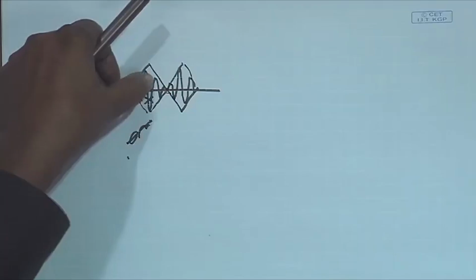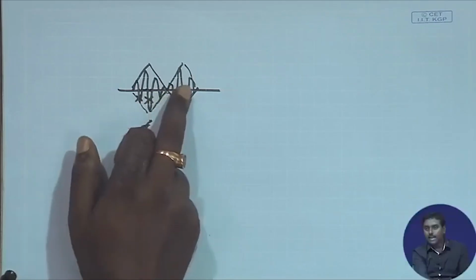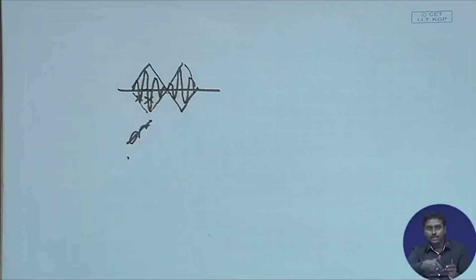You can also think about this. This thing is carrying the carrier information, but let us try to see how I can extract the carrier. Whatever is coming over here, I can use it to excite a sinusoidal generator, but after some time the excitation will be given by this, which is a phase reversal.